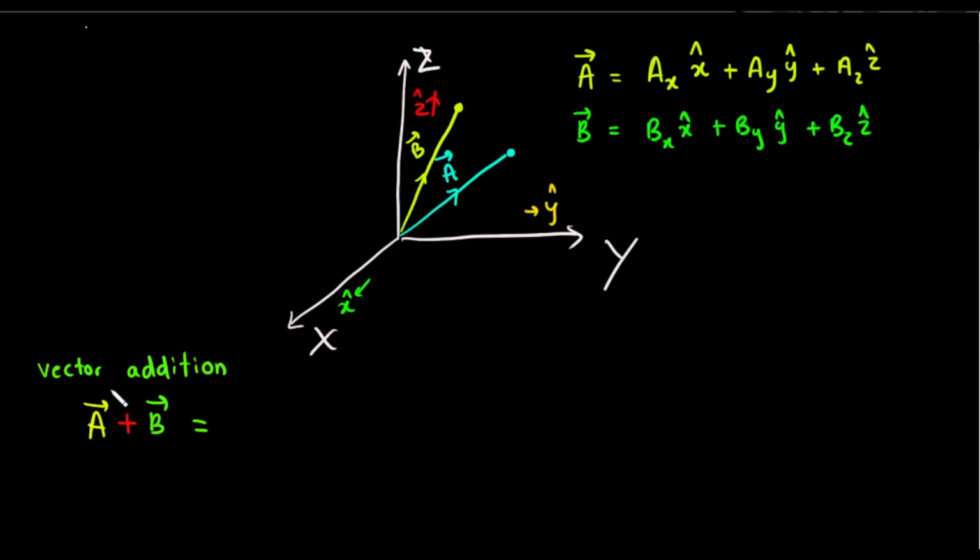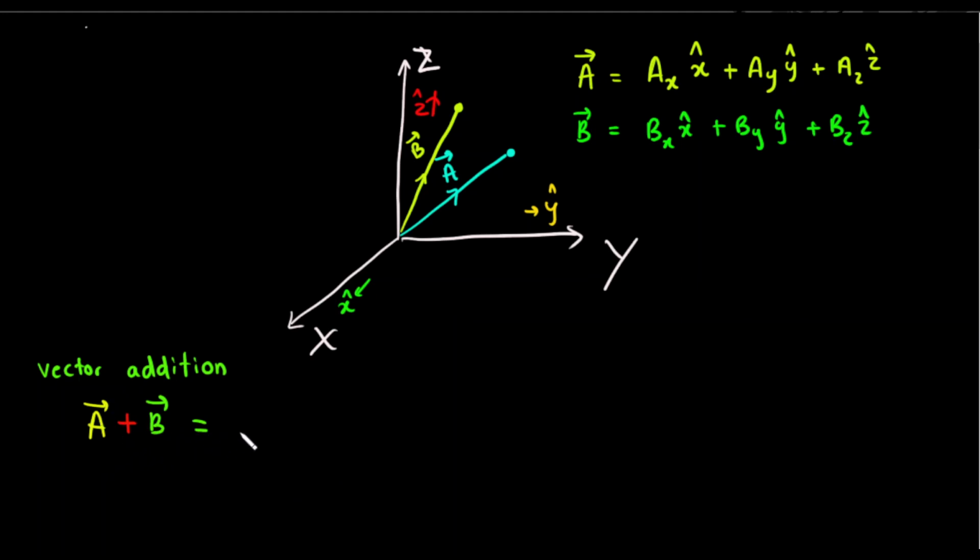Okay, now first we are going to look at vector addition. Here we consider only two vectors, a and b, so a plus b, the vector a plus the vector b. We're going to derive an expression for a plus b.